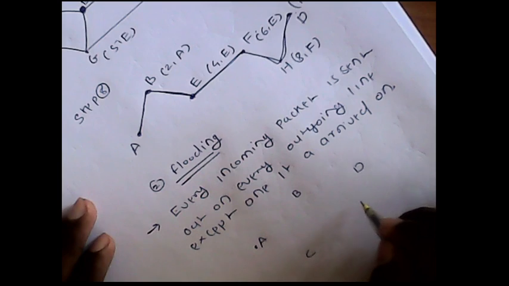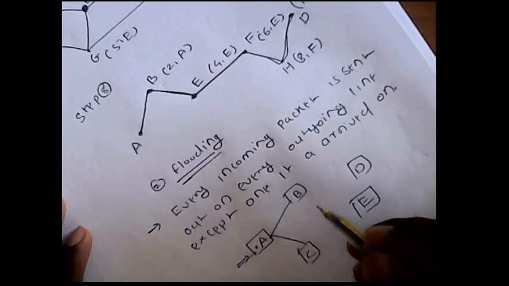Suppose there are routers A, B, D, C, E. I want to send a packet from A. So there is B, there is D, E, F. I want to send a packet from A to D. So there are two outgoing lines from this.